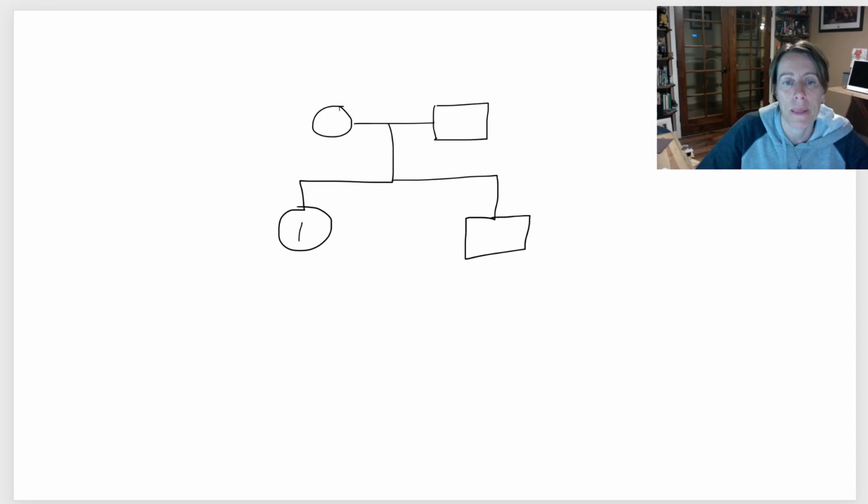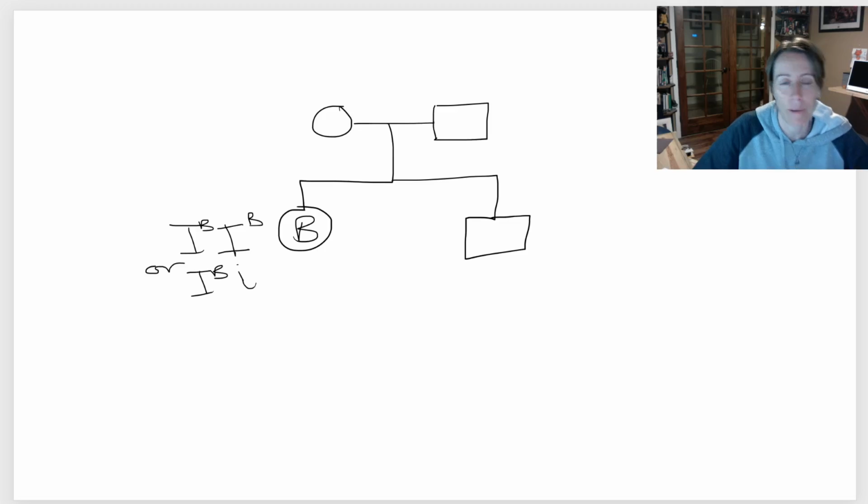I am type B. So if I'm type B, what are my possible genotypes? My possible genotypes would be I big B, I big B, or I big B, little i. I can't tell right now.